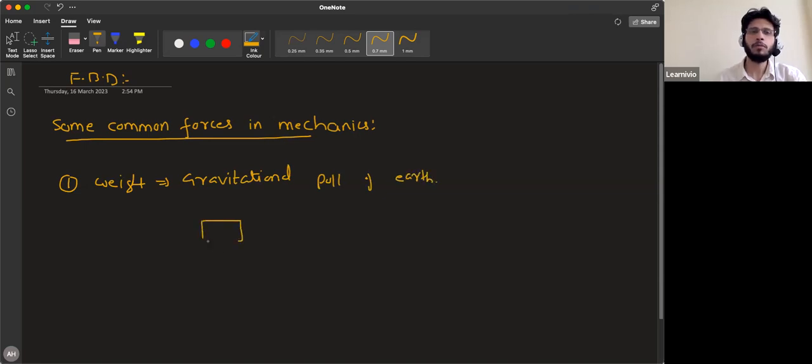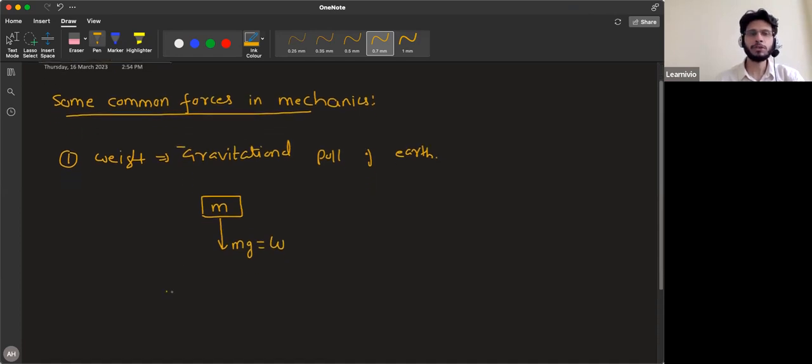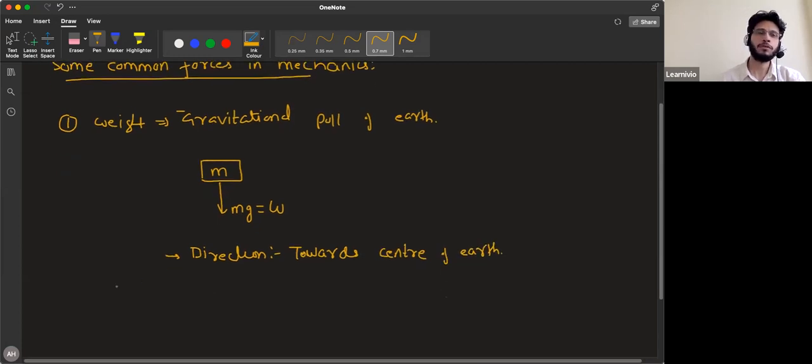If you have a body of mass m, gravitational weight means the force with which Earth pulls a body, and the weight of the body is mg. Weight is applied by Earth on the body, and the direction of weight is towards the center of Earth.